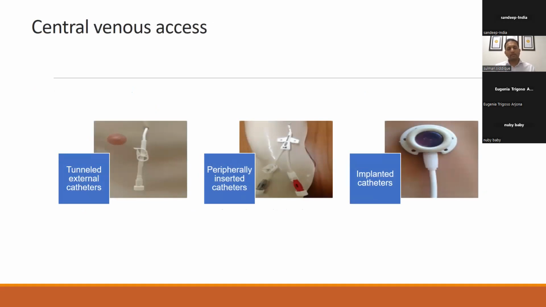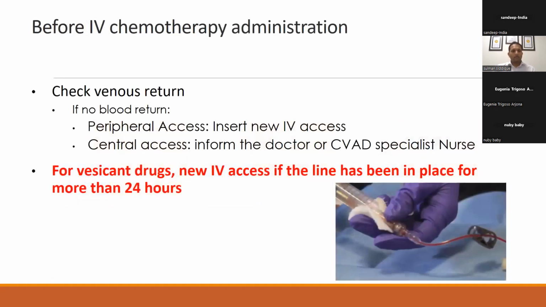Then we have central venous access devices: tunneled catheter, PICC lines, and implanted catheters, portacaths. So for central IV chemotherapy administration, the checks are that you should check venous return every time before administering chemotherapy.